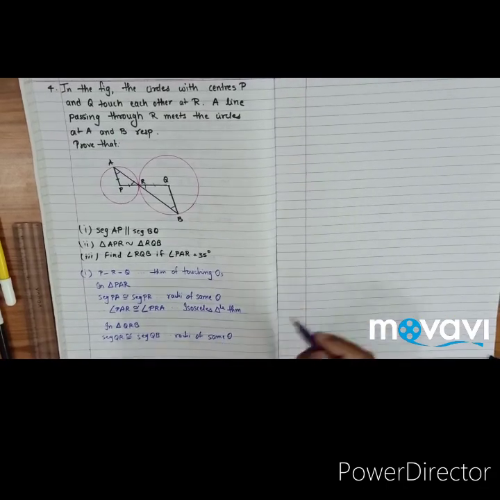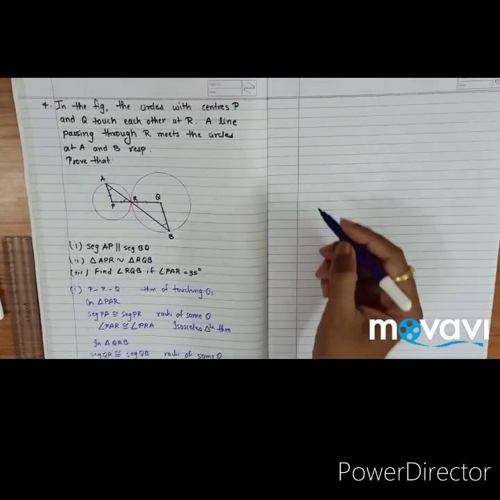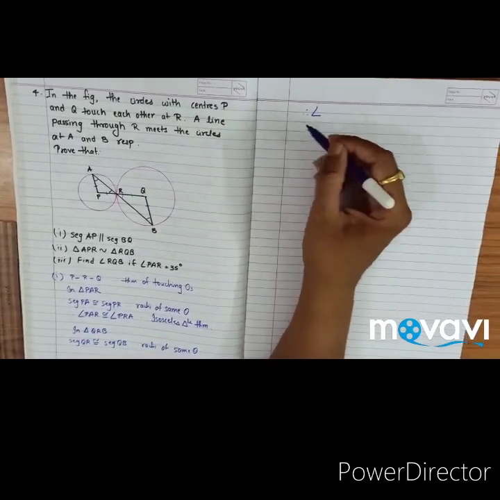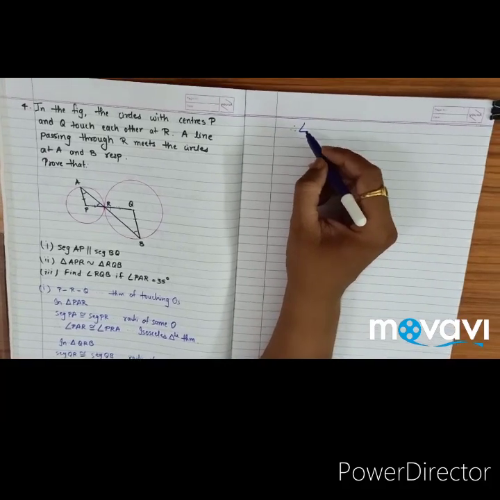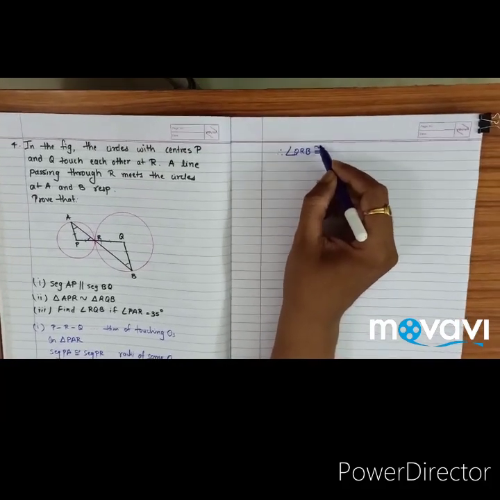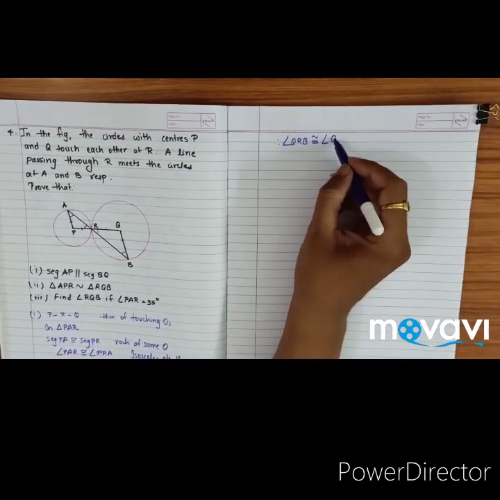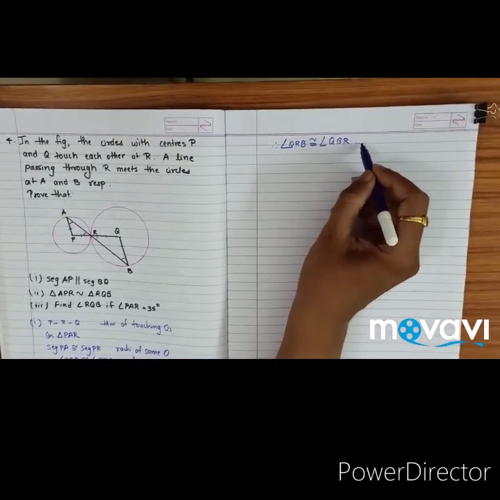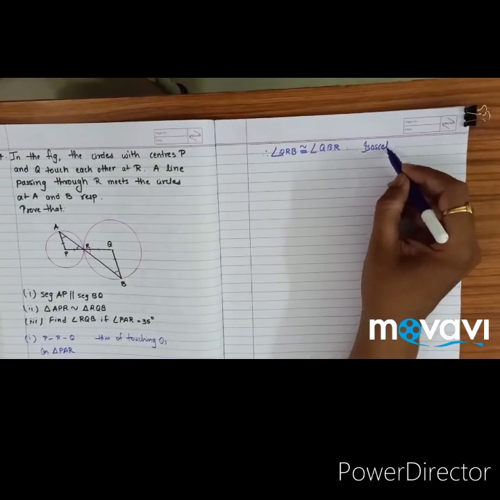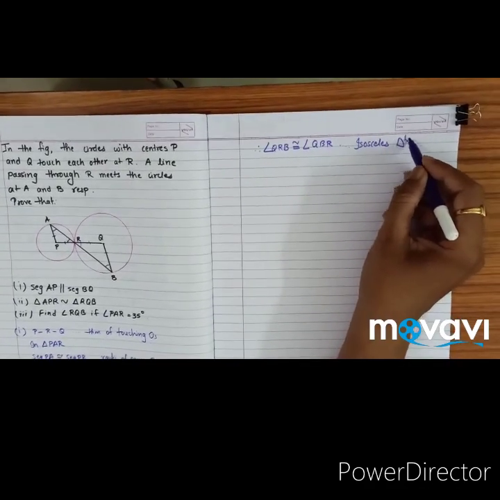Okay, I'll go on to the next page. So therefore, again I'll write that the base angles are congruent. That is, angle QRB is congruent to angle QBR. Why? Again write down the reason: isosceles triangle theorem.